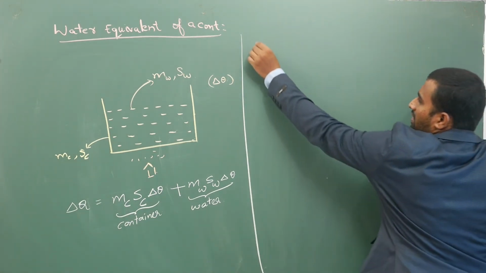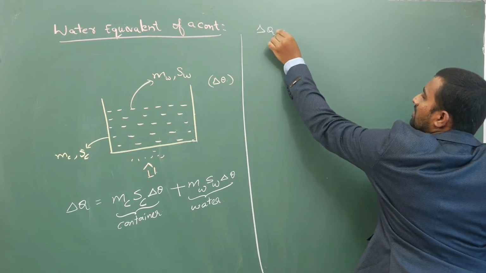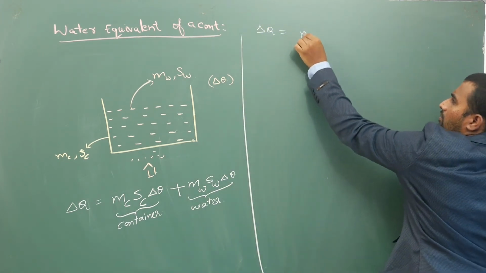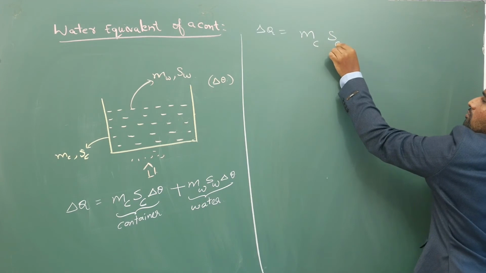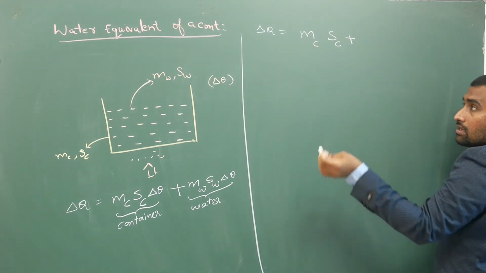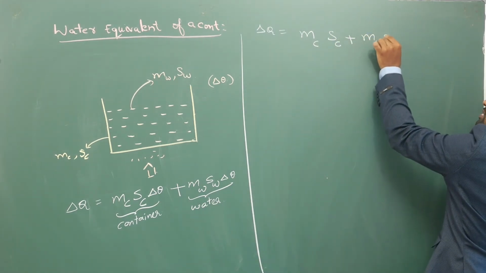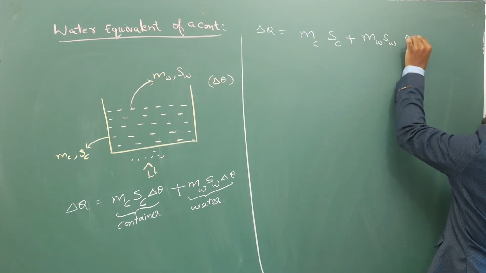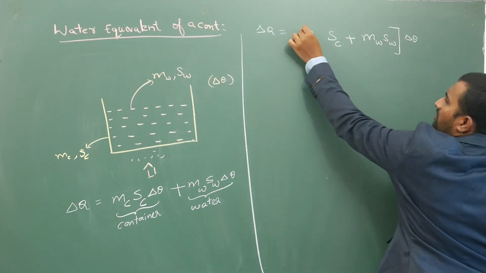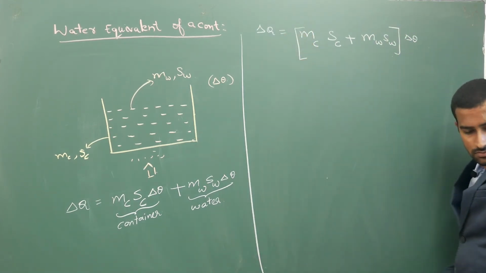Instead, if the heat energy calculation is given like this, you have mass of container into specific heat of container plus mass of water into specific heat of water, into delta theta. Now observe very carefully.